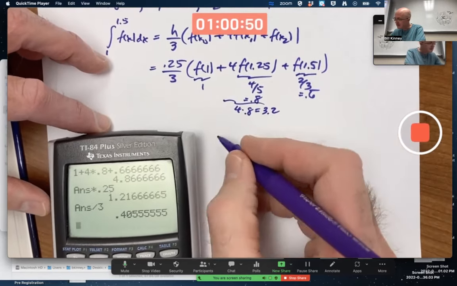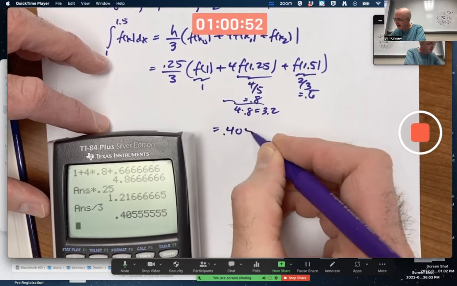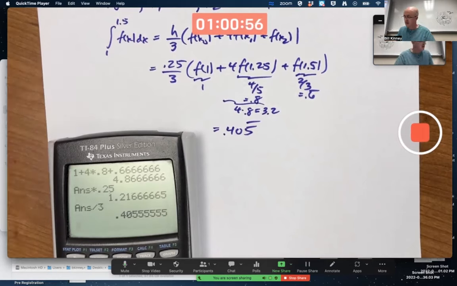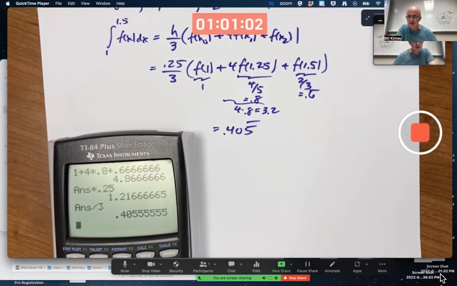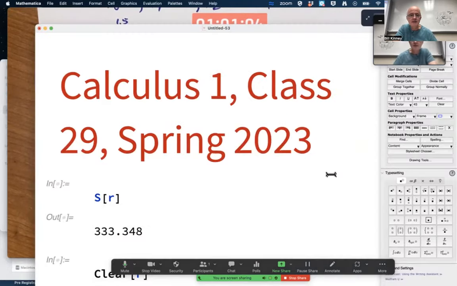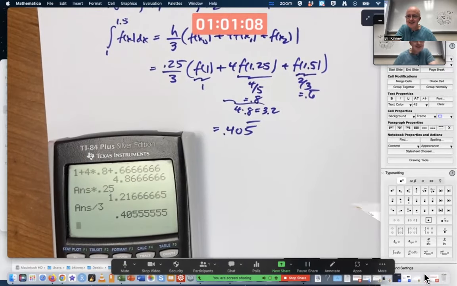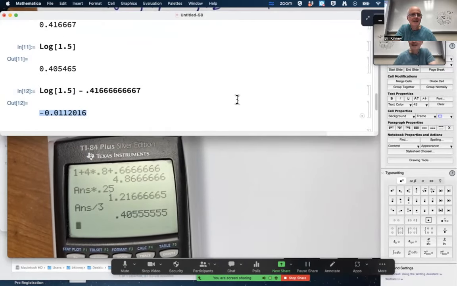gives, it appears, 0.405 repeating as our approximation to log of 1.5, because it's our approximation to the integral. Again, log of 1.5 is what? 0.405465.